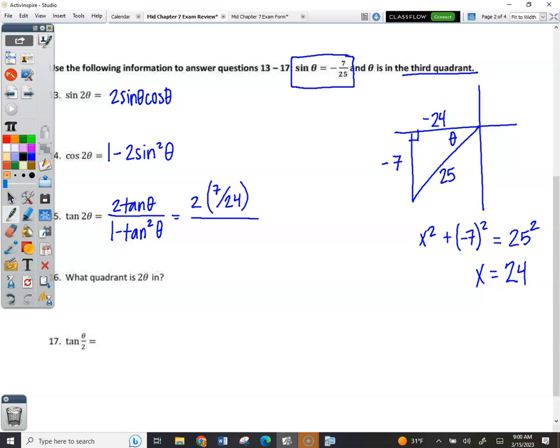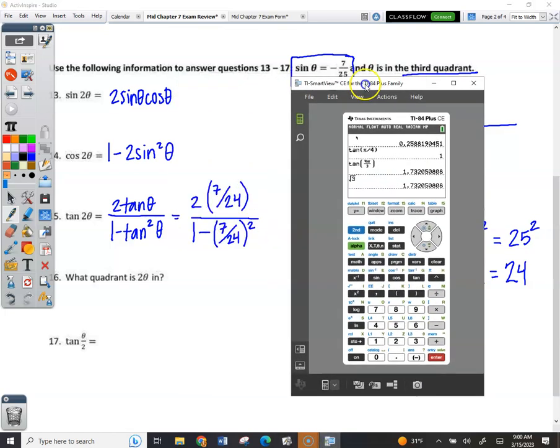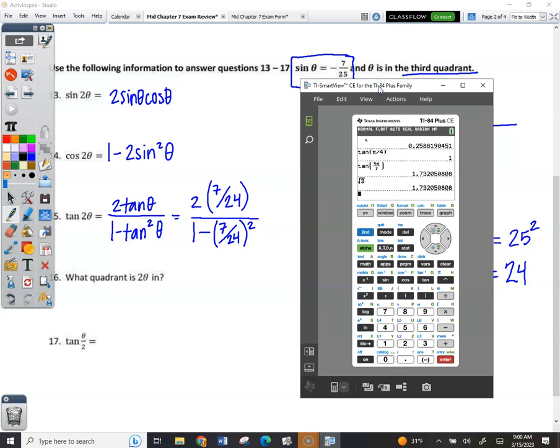Then on the bottom, I've got 1 minus 7 over 24, and this is squared, right? Here's the beauty of this problem. I love this problem because as ugly as it looks, I don't have to do a single thing. I can go straight to my calculator and I can type that in exactly how I see it, and it will tell me that really ugly fraction, and that's the answer.